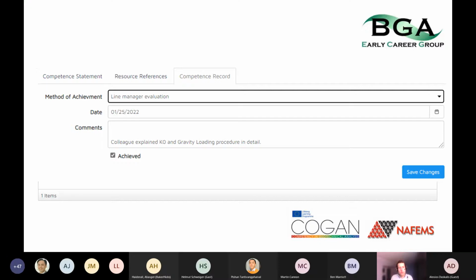So it gives you a tool that, first of all, gives you access to the full repository of competencies that are seen as necessary for a numerical modeler, but then also allows you to do structured learning as well as record your achievements.